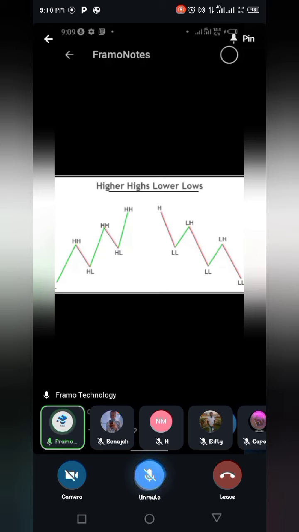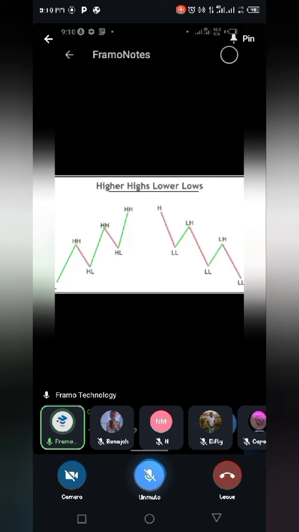The third one is also higher than the second high. And the lows: the second low is higher than the previous low. They are higher lows.